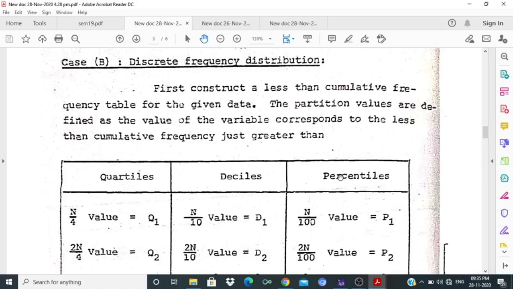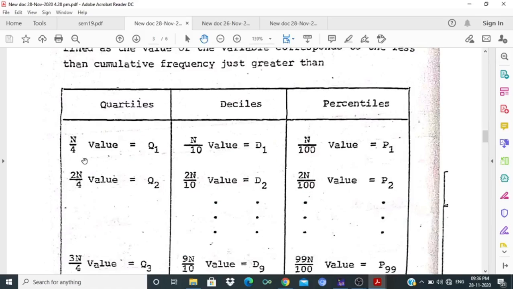And in case of discrete frequency distribution, first construct a less than cumulative frequency table for the given data. The partition values are defined as the value of the variable corresponding to the less than cumulative frequency just greater than the n by 4th value, in case of the first quartile.